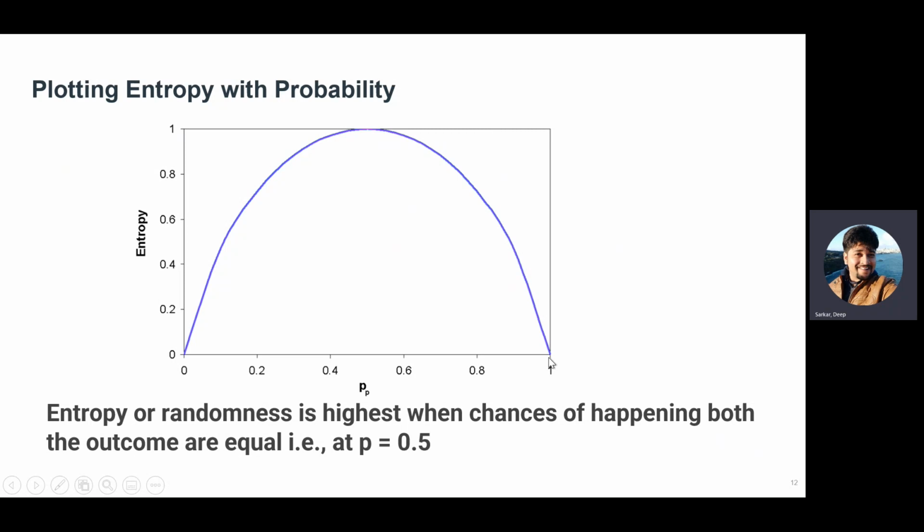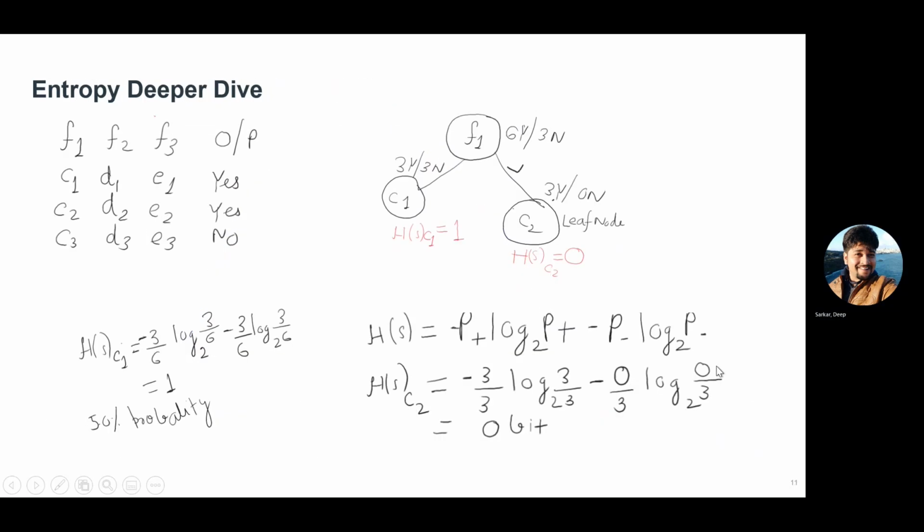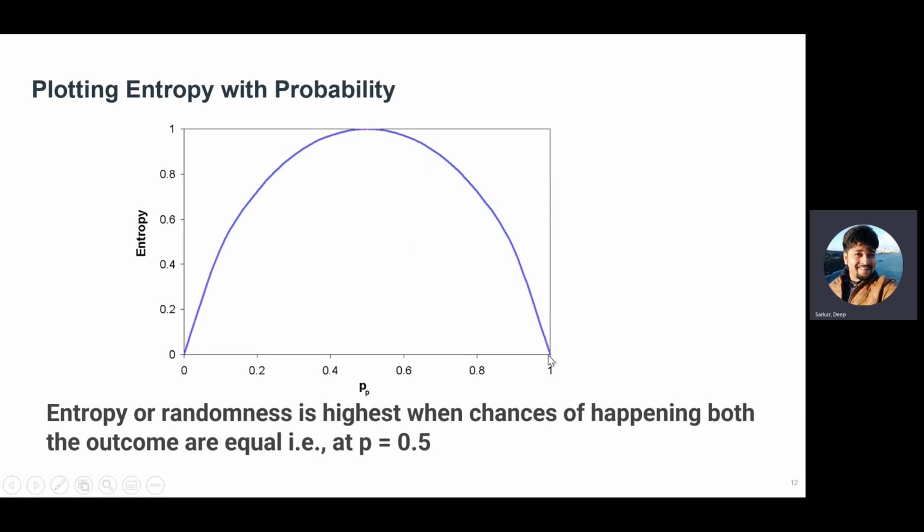And when the probability of P plus, that is nothing but your yes, is 1, your entropy again becomes 0. We saw that, right? So your probability of P minus here is basically 0, and your entropy is becoming 0 over here. So that is how the entropy is plotted against a probability. This is a very fundamental concept.